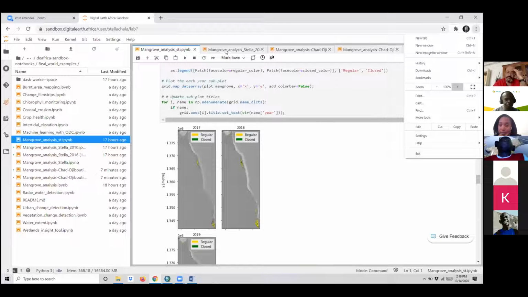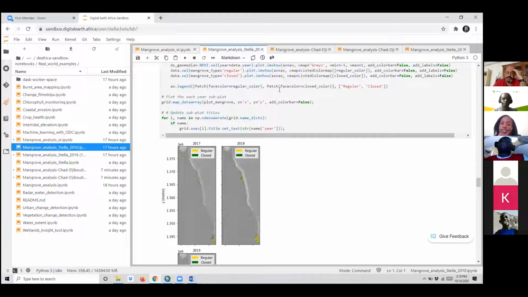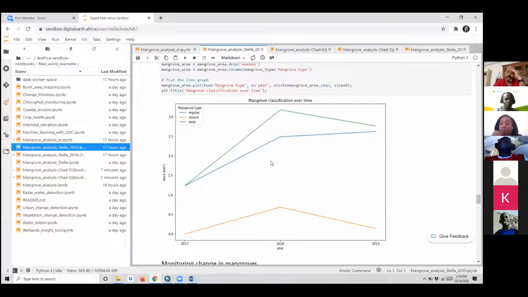Then as we proceeded with the analysis, the key interesting part for me was identifying all the changes in classification in area over time. What helped me a lot in understanding how much has changed, especially for 2010, is looking at this curve, looking at the types of mangrove that existed in 2010, either regular or closed, and how much has changed between 2017 to 2018 and to 2019.